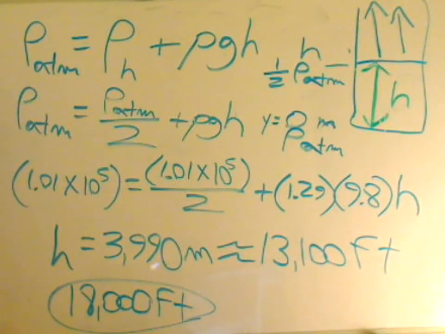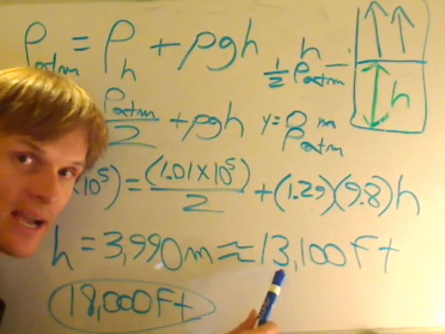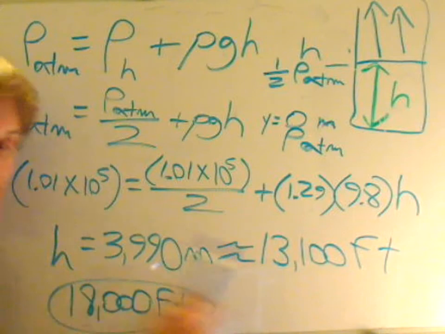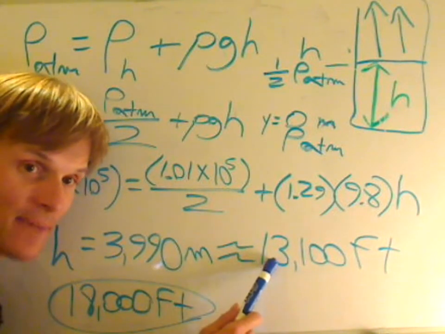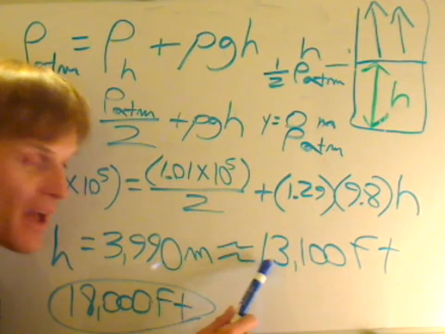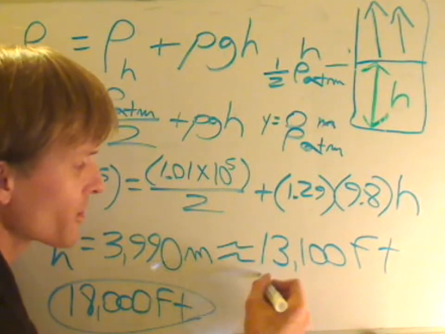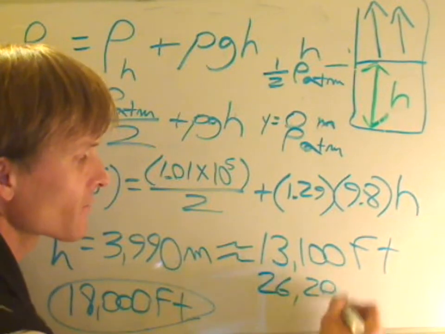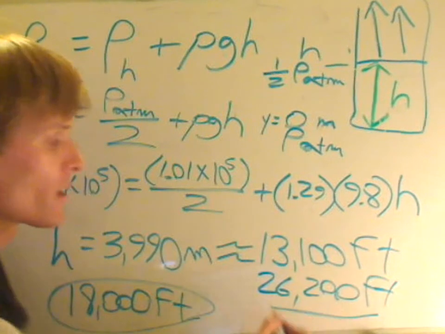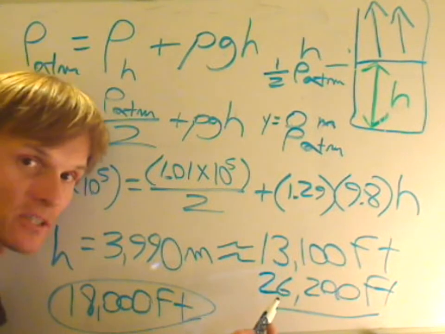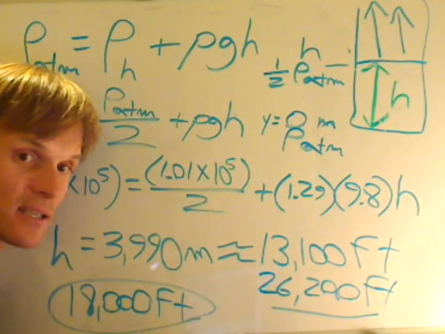So basically, if this is the height in our calculation where we have half of atmospheric pressure, that means the pressure would go to 0 at twice this, or 26,200 feet. That would be the very top of our atmosphere in this model of constant density.